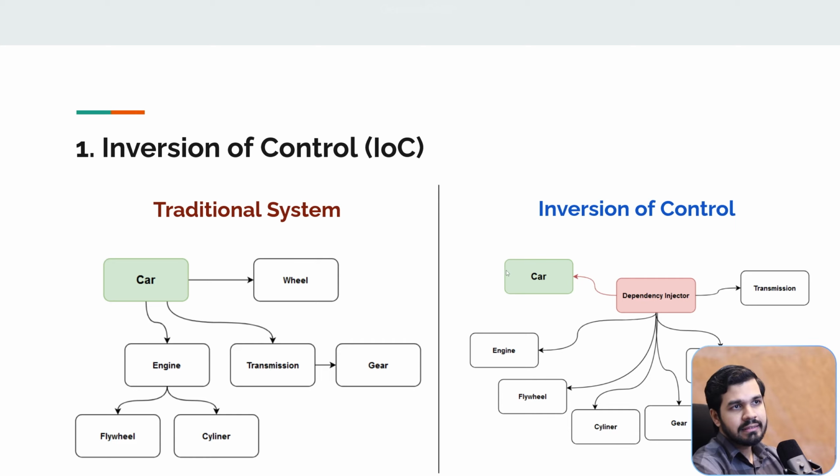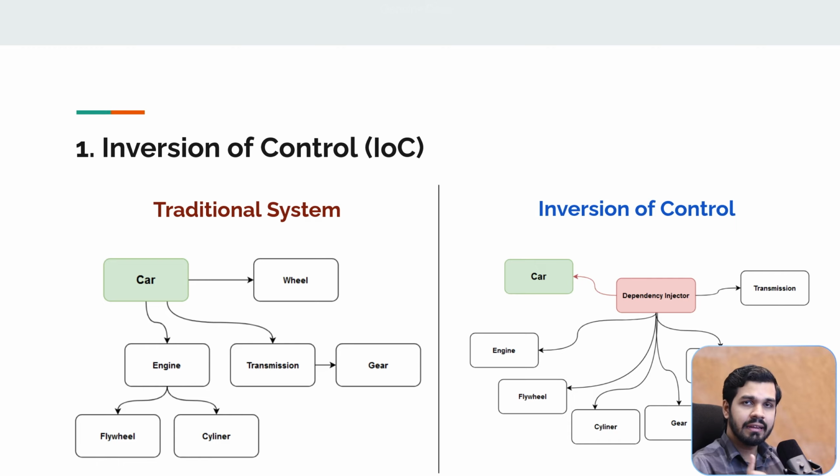So if you look at this example, you can see we have the car, and the car will get all these components through the dependency injector. So it is not directly managed by the car itself. So in the IOC concept, inversion of control, the object creation and maintenance is managed by the dependency injector.